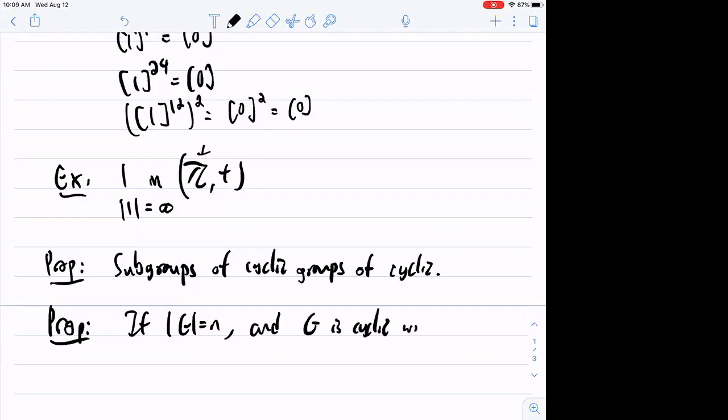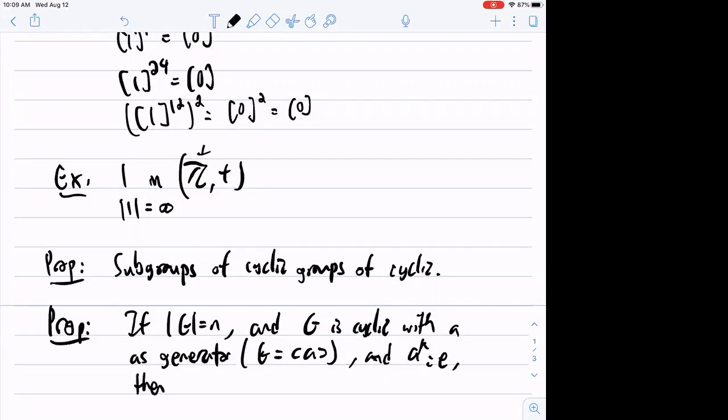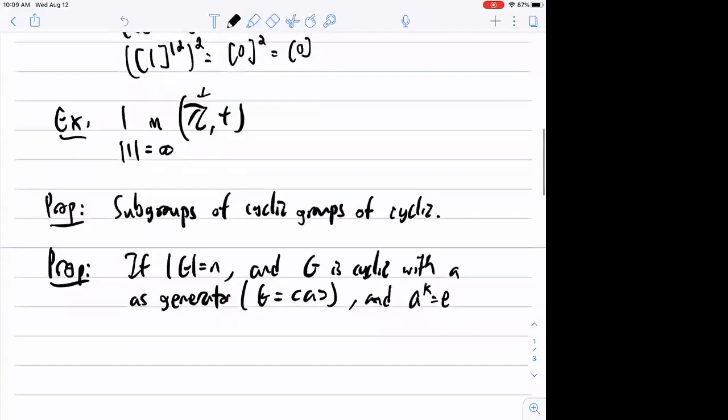So with a as generator. So in other words, G is generated by a, I'm just calling the generator a. And a to the k is e. Then a to the k is e if and only if n divides k.